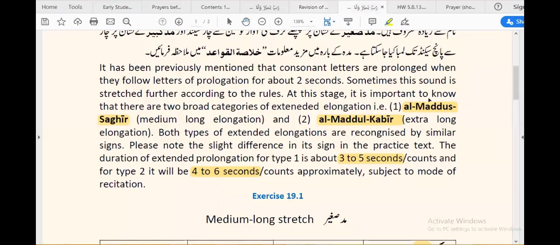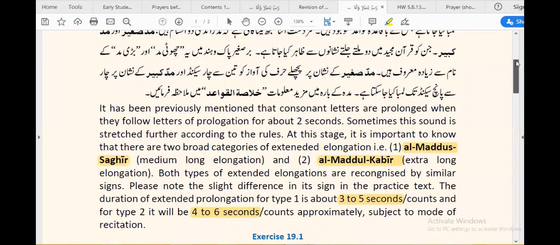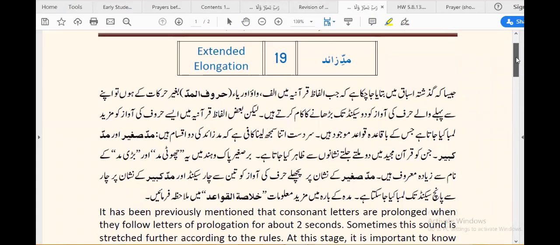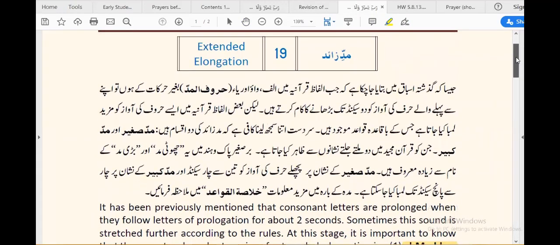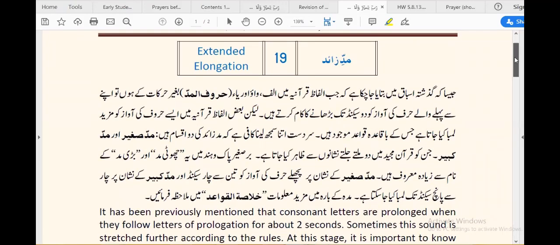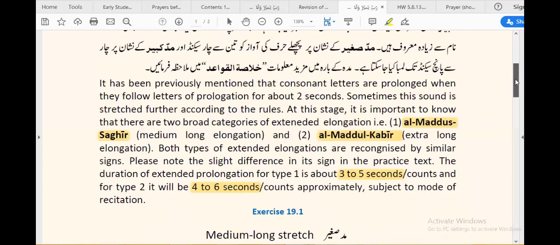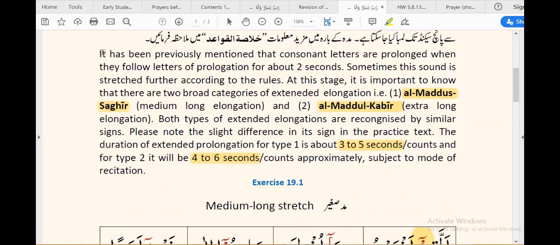Now we will move on to carrying on from our lesson yesterday, where you learnt about extended elongation, and this is lesson number 19. I will quickly remind you of the rule as stated in this paragraph.